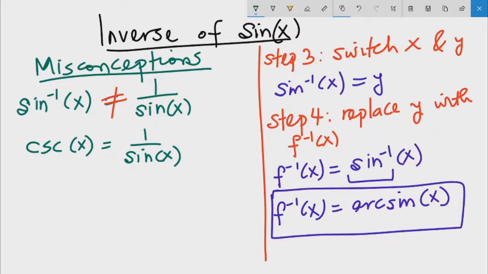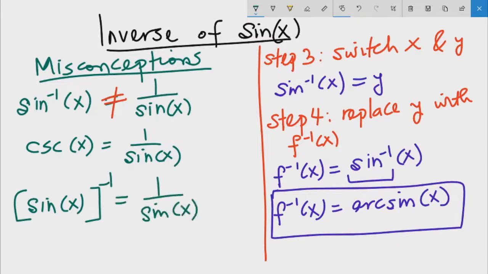This misconception is always coming up under the inverses just because of the symbol. However, if I say sine of x, everything raised to the power of -1, then yes, this is equal to the reciprocal of sine of x. And this is actually equal to the cosecant of x, okay?